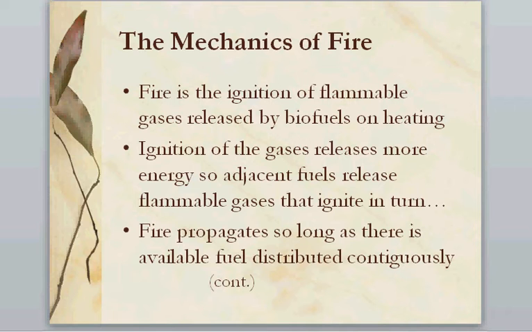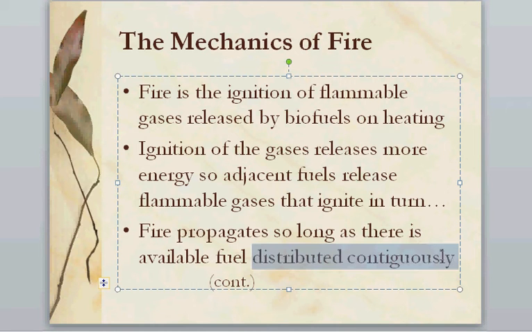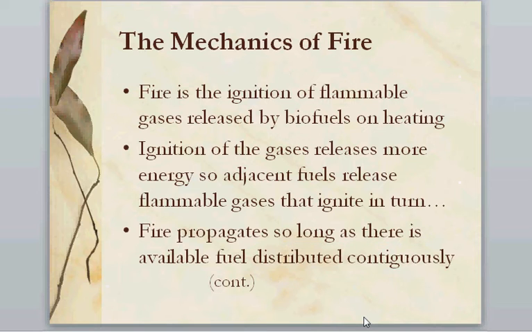Okay? Fire also needs the biofuels to be distributed contiguously. What that means is that the fuel is adjacent to one another. So when one patch of fuel or one piece of fuel ignites and releases a lot of energy, a lot of that energy is transferred to the next bit of fuel, and that energy drives off all the water and releases all the flammable gases, which can then ignite.